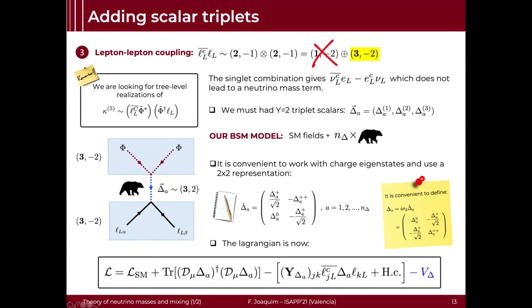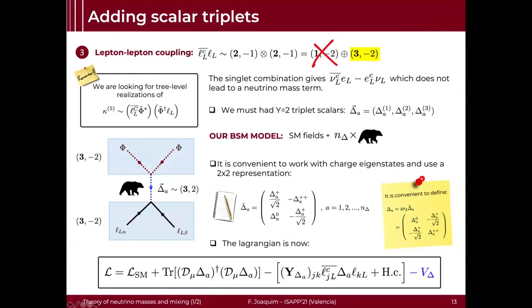At the end, the Lagrangian will just be the Lagrangian of the standard model, plus the kinetic terms, where, of course, we have now to include in the covariant derivative the terms which have to do with the SU(2) transformation properties and also the U(1) transformation properties of the delta, because remember that now delta does not transform trivially with respect to SU(2), but it also carries hypercharge.